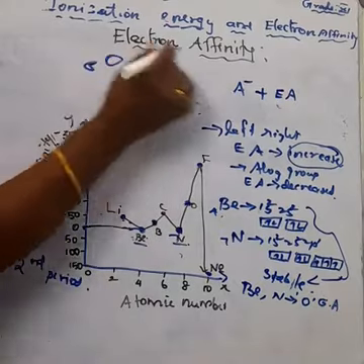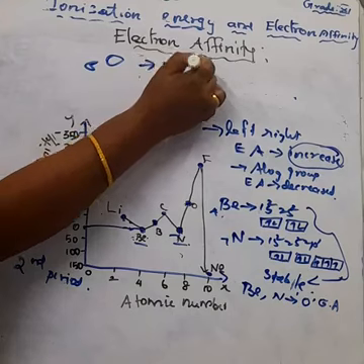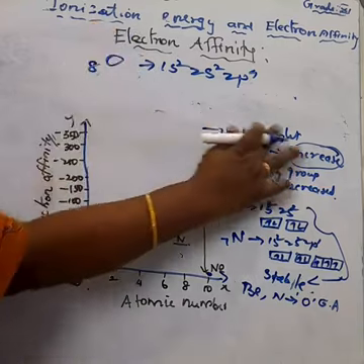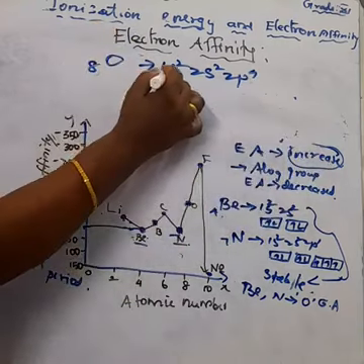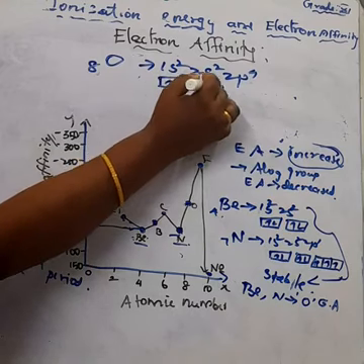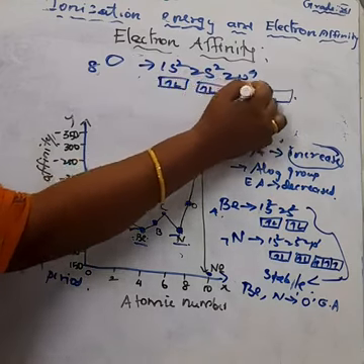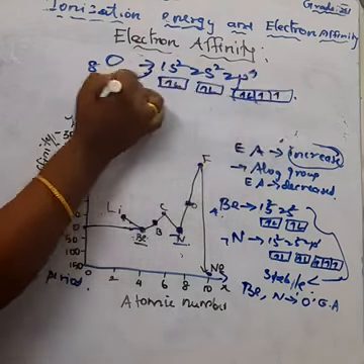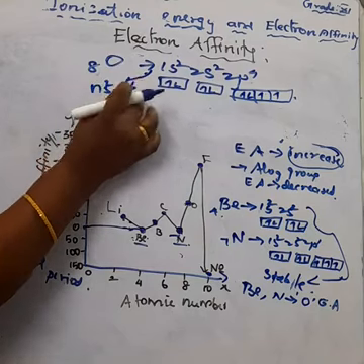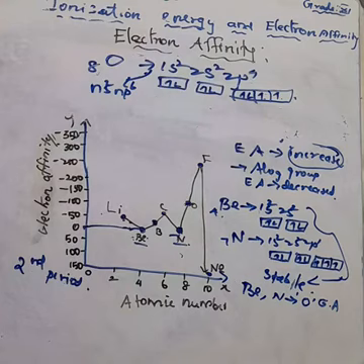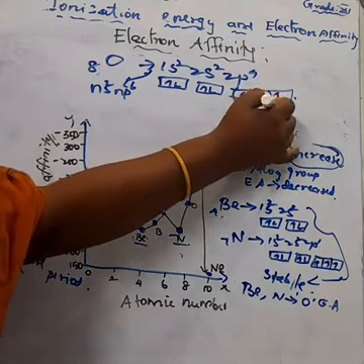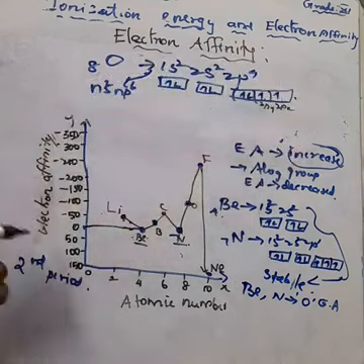the electronic configuration is 1s2, 2s2, 2p4. In the case of oxygen, to become the stable electronic configuration, that is ns2 np6, it needs 2 electrons, so it always attracts electrons towards itself. When we are adding electrons in the 2py and 2pz orbitals, the electron affinity will be low.